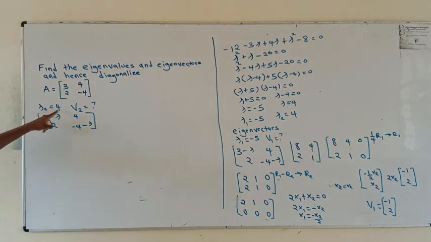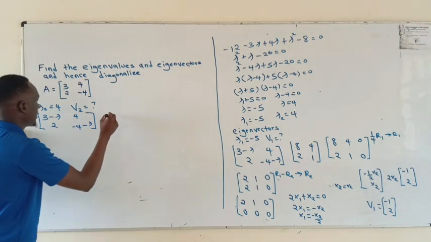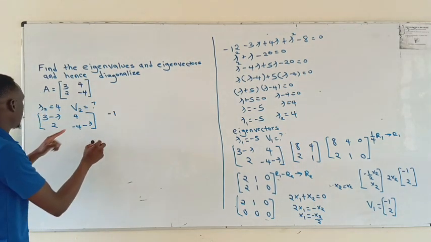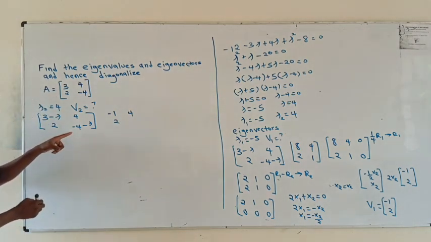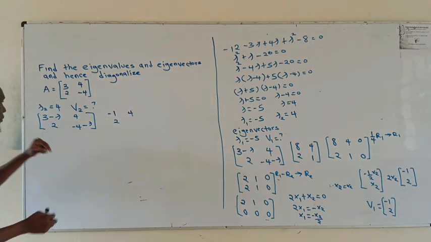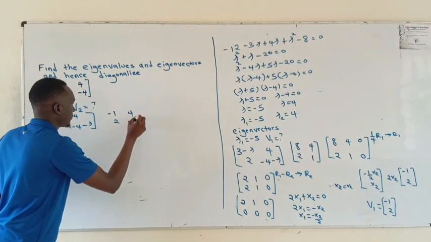Now, our lambda 2 is 4. We equate 4. 3 minus 4 is minus 1. There we have 4. Here we have 2. Then minus 4 minus 4, which is minus 8.